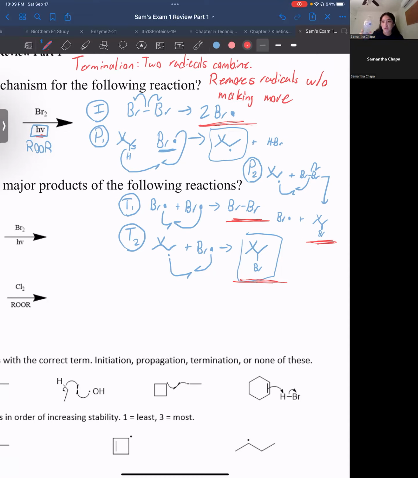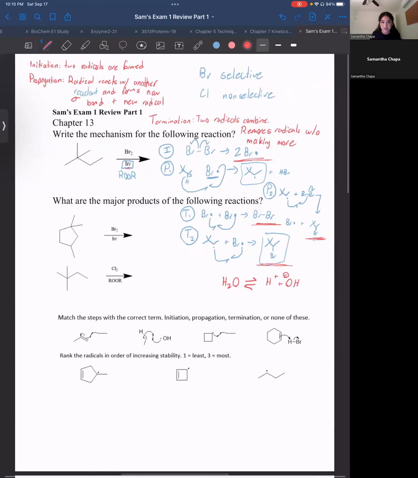When you have a bottle of water, you have H2O, right? And it's constantly dissociating into H plus and OH minus. It's the equilibrium. They're constantly going back and forth. There's lots of things that happen at once in a solution. Same thing here. In this radical solution, there's a bunch of things happening at once. The main thing that you have to take care of is the definitions.